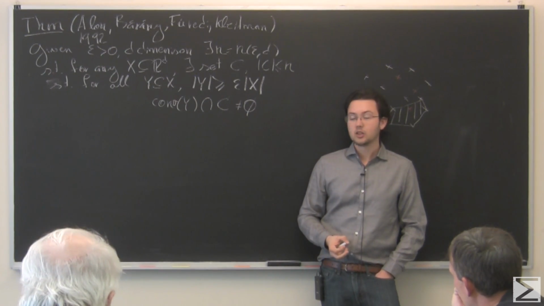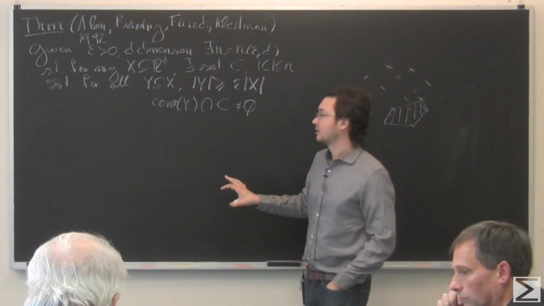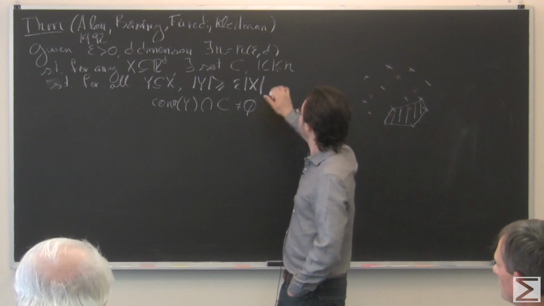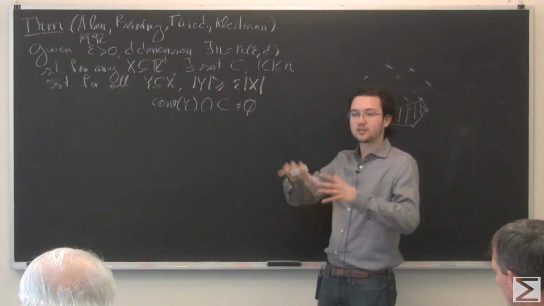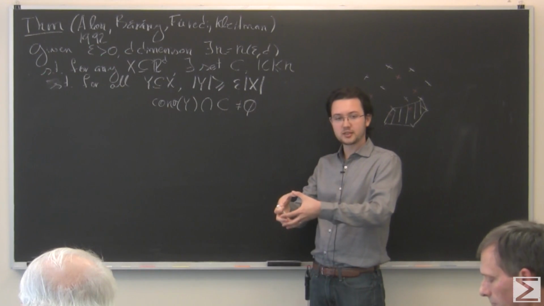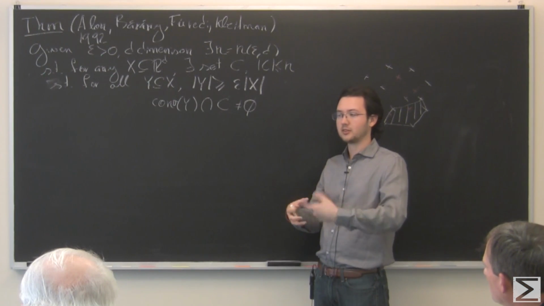Okay? So one of the things I want is to get a Tverberg theorem that basically has this flavor, that whenever I give you a big set and whenever you look at small subsets, you see Tverberg partitions in them. Okay?